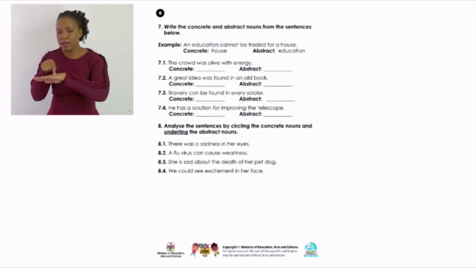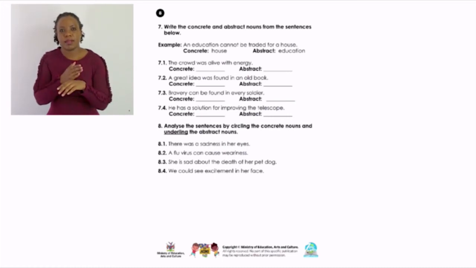For example, there was a sadness in her eyes. Sadness is our abstract noun, so we underline it. And then eyes, that's a concrete noun, so we circle it. Right, boys and girls? We can continue writing our work.